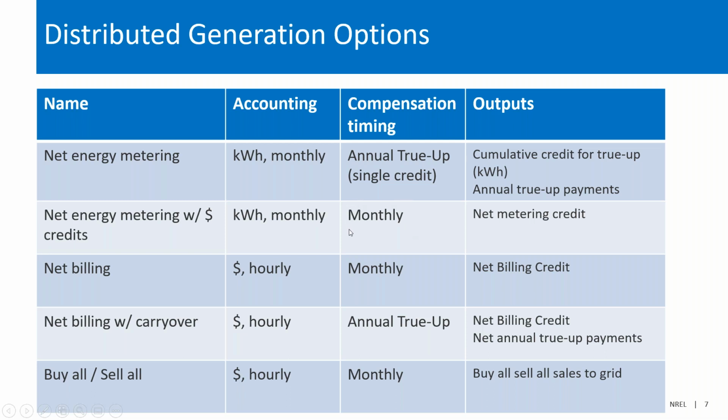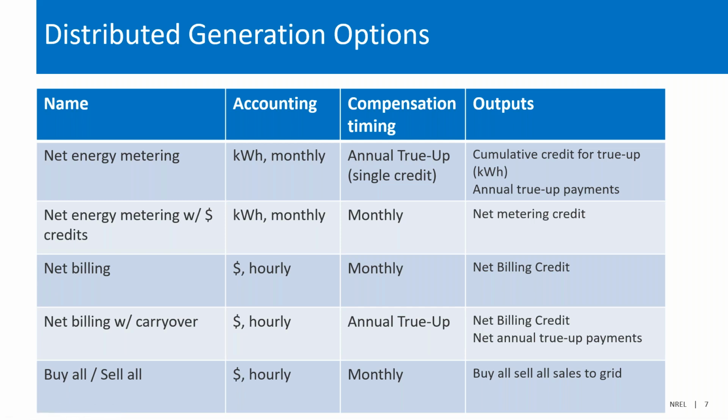Net energy metering with dollar credits will add everything up over the month and then apply those credits on a monthly basis. Net billing with carryover and buy all, sell all add things up on an hourly basis. So net billing will look for if there is net export to the grid over a time step, then it will apply the sell rate to that time step.